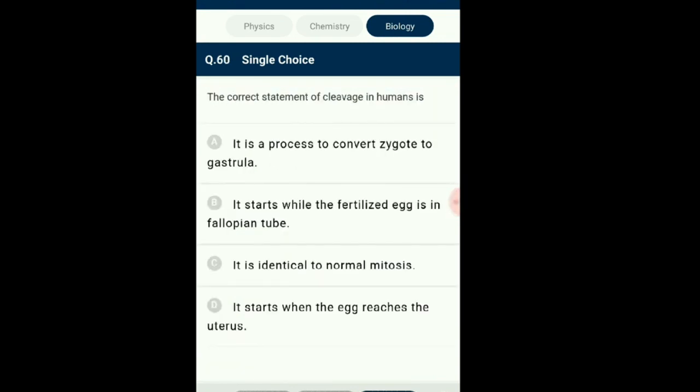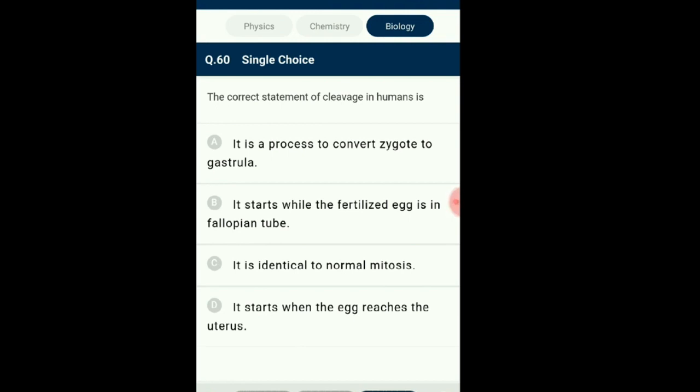Question number 60. The correct statement of cleavage in human is: fusion of the sperm with the ovum is known as fertilization and it occurs at the ampullary-isthmic junction of the fallopian tube. The division of the zygote, known as cleavage, begins in the isthmus of the fallopian tube and the zygote moves towards the uterus while the divisions continue, forming 2, 4, 8, 16 daughter cells called blastomeres.